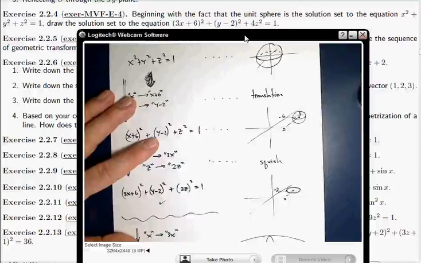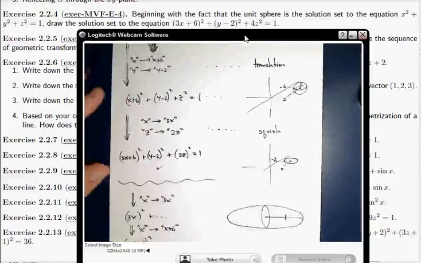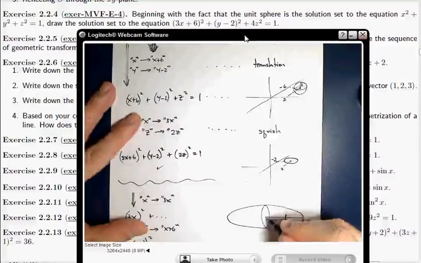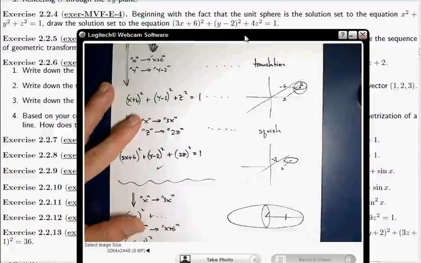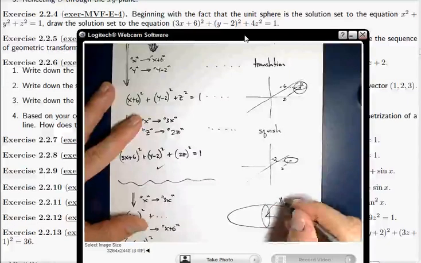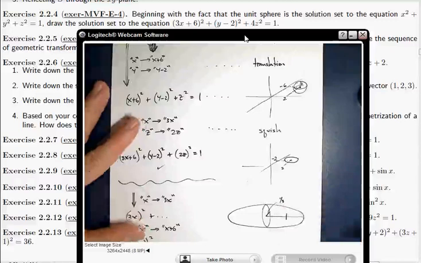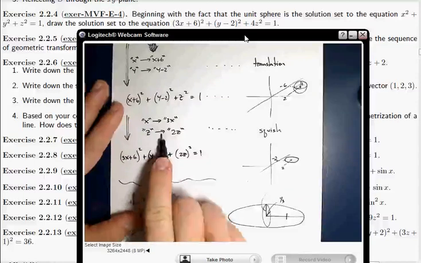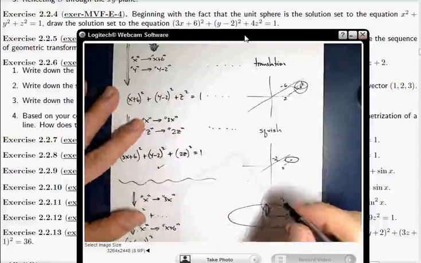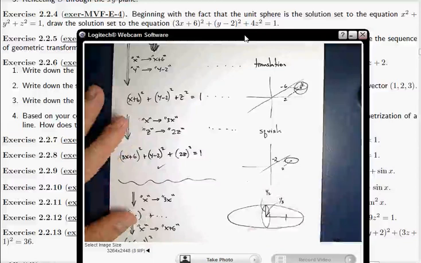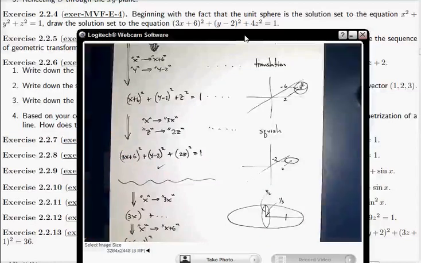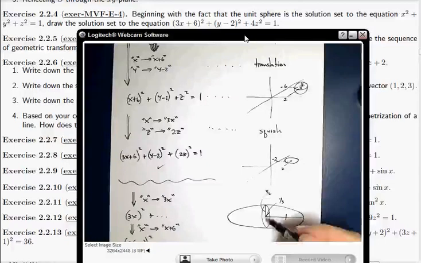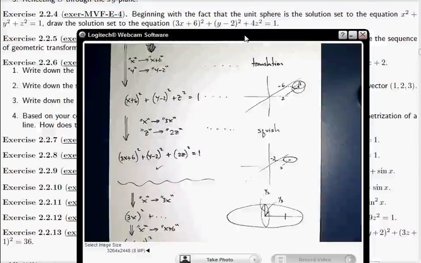In the y direction, the radius is still 1 because there hasn't been a squish in the y direction. In the x direction, that radius is now 1/3. And in the z direction, the z direction got squished by a factor of 2, so that is now 1/2. So can you see how it's a roll of French bread? Gotcha. I'd say it's like a torpedo or something, but it's not because it's got different radii in those different directions.